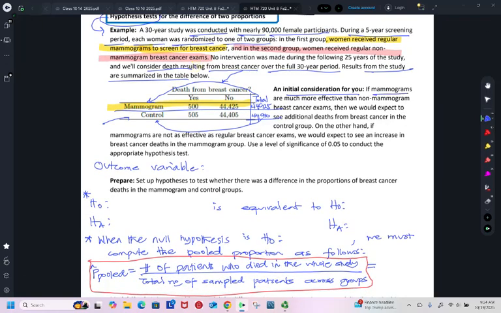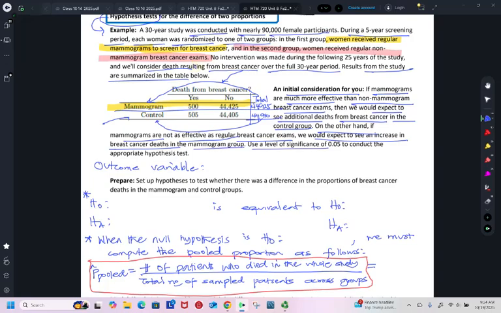If mammograms are much more effective than non-mammogram breast cancer exams, do we expect to see additional deaths from breast cancer in the control group or in the mammogram group? Or, on the other hand, if mammograms are not as effective as regular breast cancer exams for early detection, we would probably expect to see an increase in breast cancer death in the mammogram group.